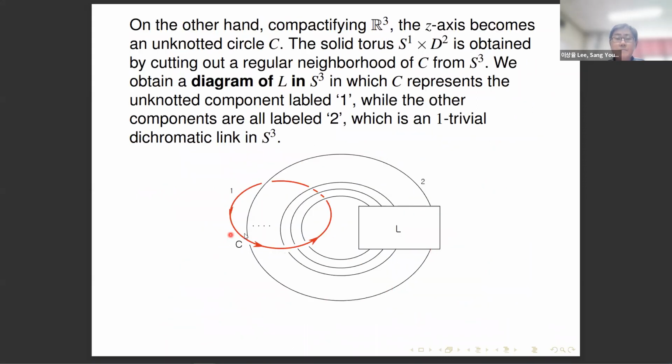We forget this component C and put here a point representing the puncture in the plane. Then this part is the regular projection of the link L in the solid torus.